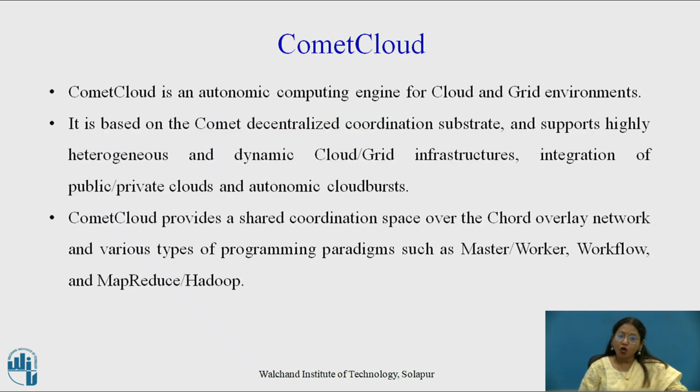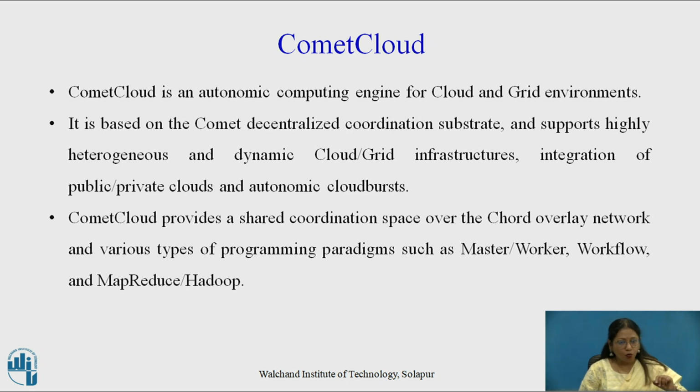Comet Cloud. Comet Cloud is an autonomic computing engine for cloud and grid environments. It is based on the Comet decentralized coordination substrate and supports highly heterogeneous and dynamic cloud and grid infrastructure, integration of public and private clouds, and autonomic cloud burst.